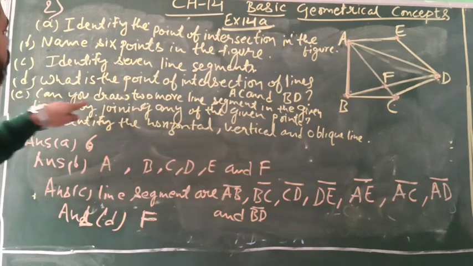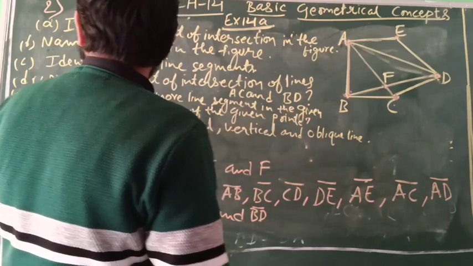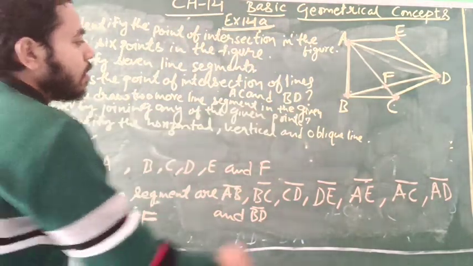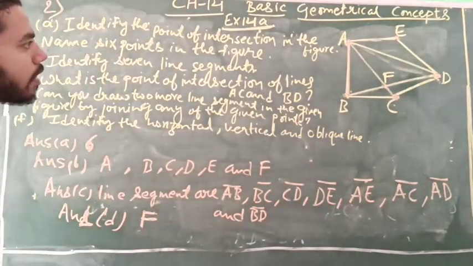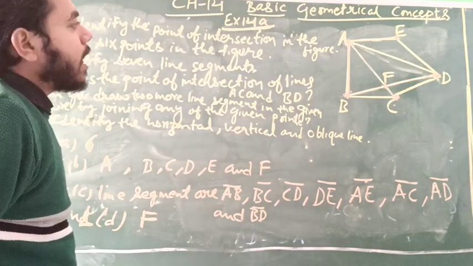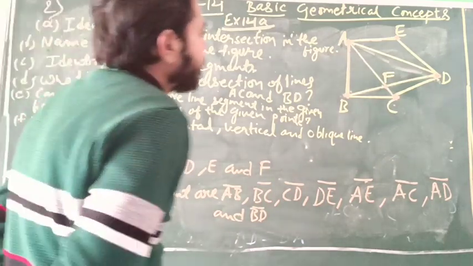Now question E: can you draw 2 more line segments in the given figure by joining any of the given points? So we have to draw any 2 line segments.